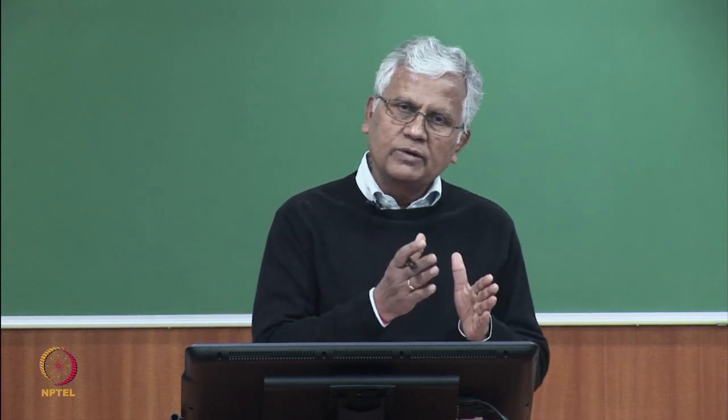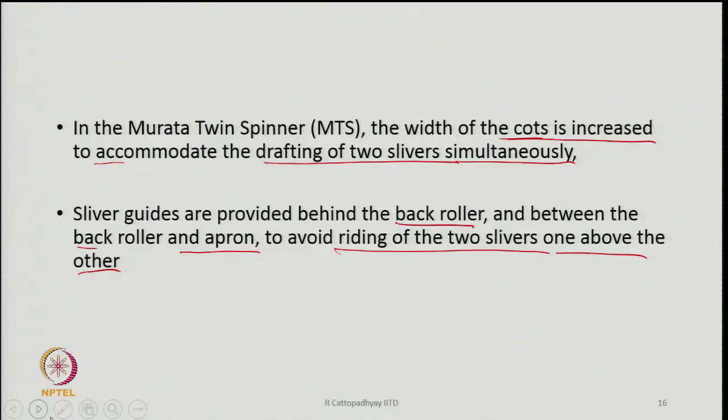We will study why you need a wider spinning triangle in the case of air jet spinning system, whereas we need a very small spinning triangle in the case of compact spinning system. So, requirements are different. In the case of air jet spinning, we basically need a wider spinning triangle. We have to understand why we require this gradually.